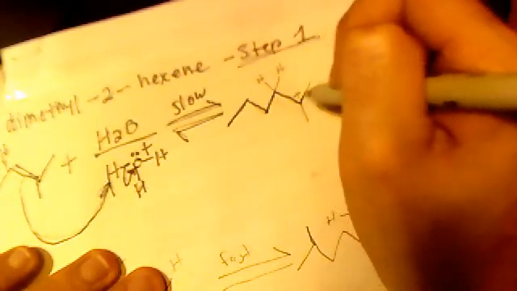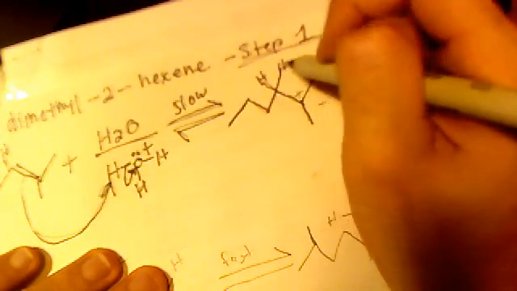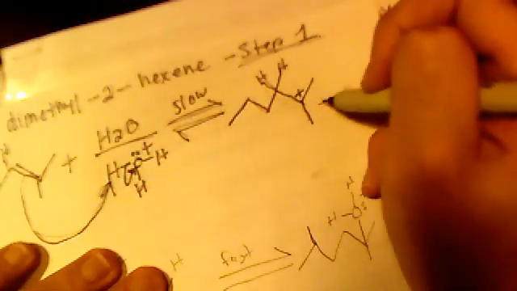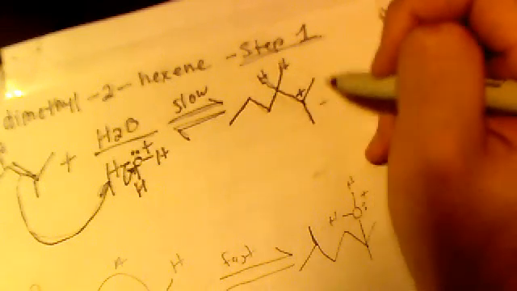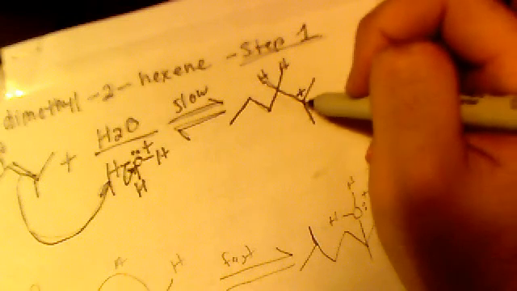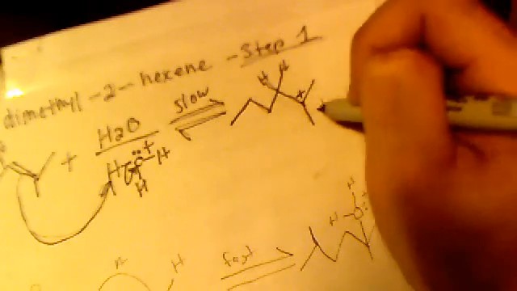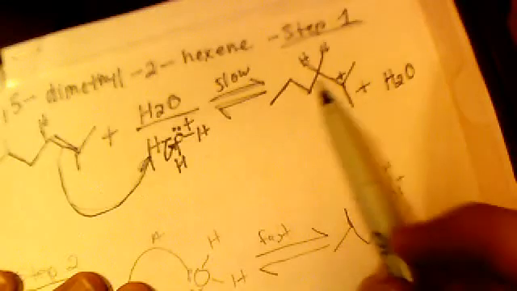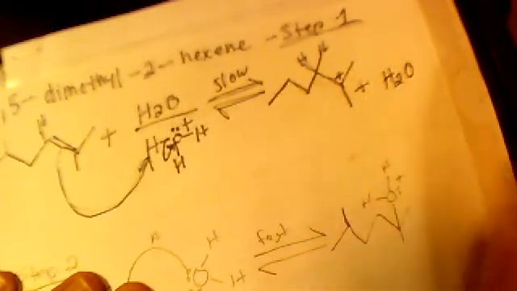The product that we get is this: the hydrogen that we just plucked off goes to the carbon that had more hydrogens to begin with, and the carbocation is here. It's a tertiary carbocation. There's not going to be any methanide or hydride shift because this is already a tertiary carbocation. You can't get any better than that. Plus H2O. The H2O came from the deprotonation of H3O+, which removed a proton, became H2O, and it was H2O to begin with.